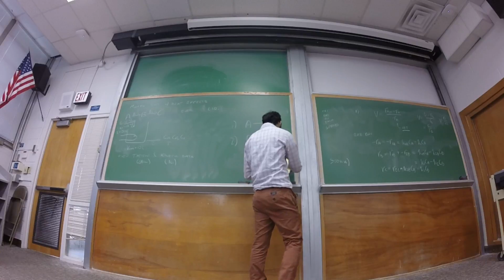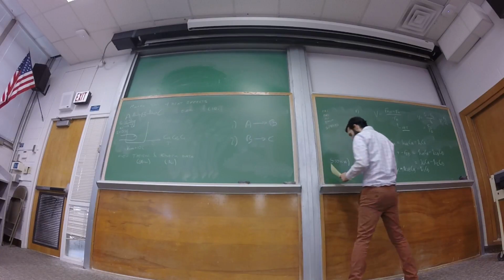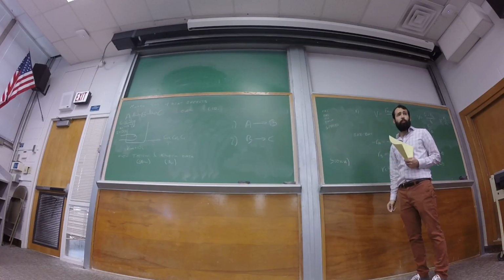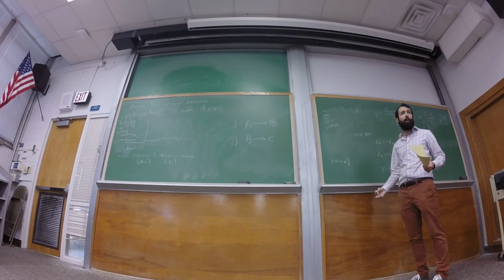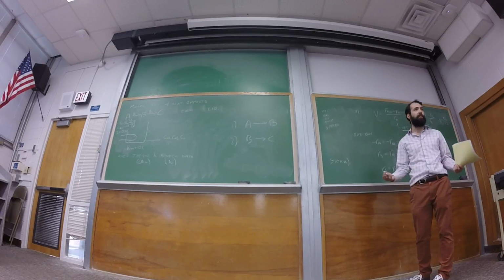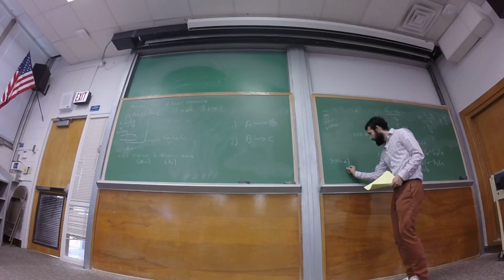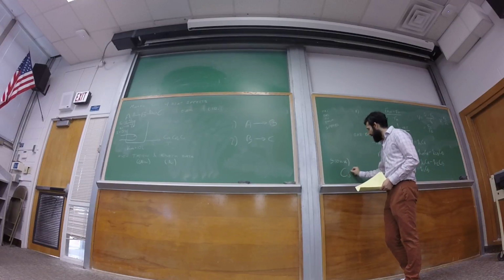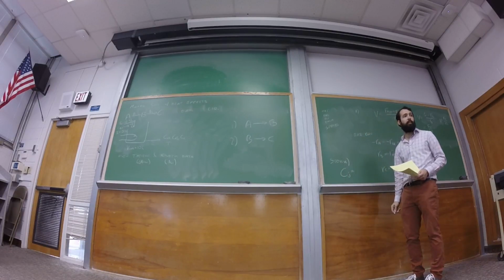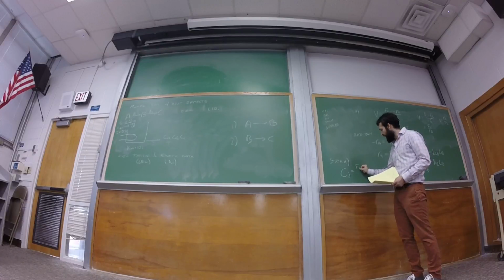Okay, so the stoichiometry section is what? How do we relate flow rates to concentrations for CSTR? Concentration of a species is equal to what? Flow rate of that species divided by the volumetric flow rate.